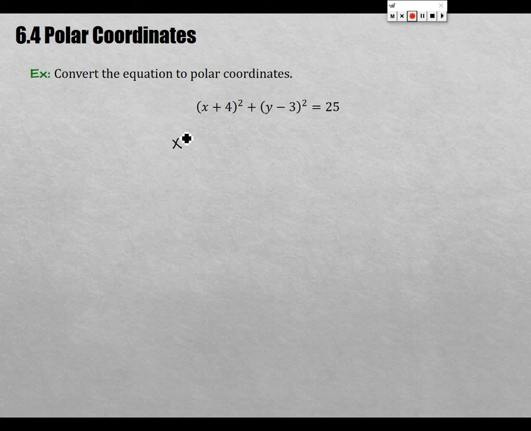So what do we get? x squared plus 8x plus 16, y squared minus 6y plus 9. What do you see? Anything nice happening?